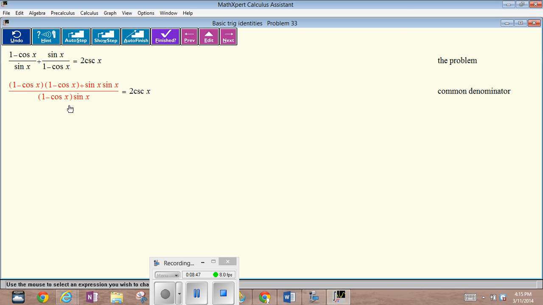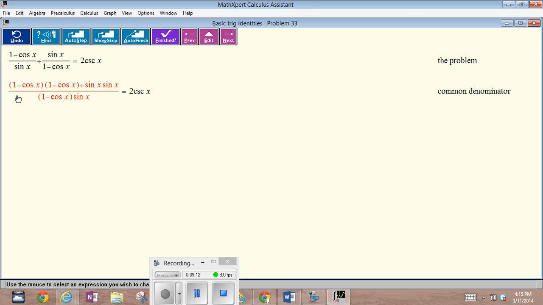This, 1 minus cosine x over sine x times 1 minus cosine x, is the modified first fraction. Sine x times sine x over 1 minus cosine x times sine x is the second modified fraction.